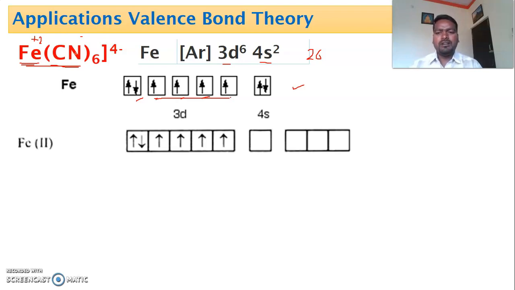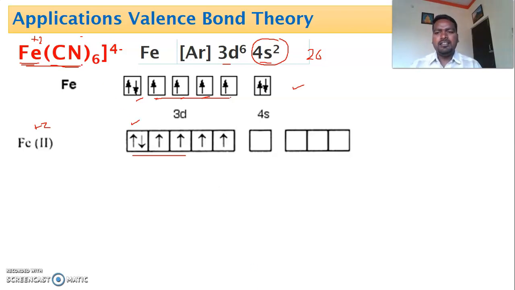Then the electronic configuration of iron in the +2 state is this. In the +2 state, 2 electrons from the s orbital are removed, and then it gets the +2 oxidation state. So here it has 4 unpaired electrons and 1 paired electron pair in the +2 state.